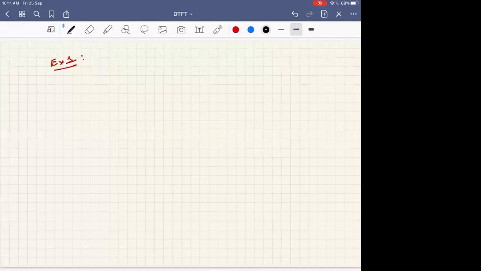So you have seen previously discrete time Fourier transform for simple thing. Now let us take x of n is equal to just 1 minute.